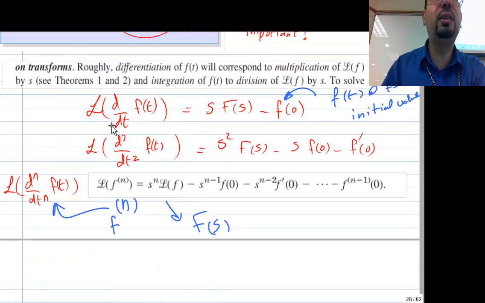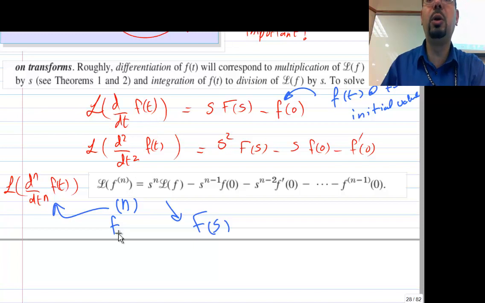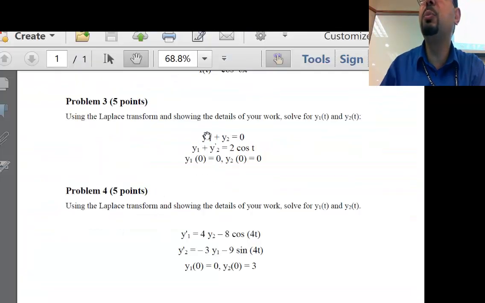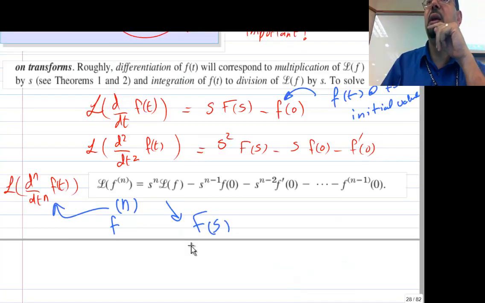The Laplace of the derivative, whether it's f of t or y of t, we sometimes call it y prime, like in the homework. Those are y1 prime, that's dy1 by dt. The Laplace of something like this is simply s F of s minus a constant. That constant is the initial value of that function.